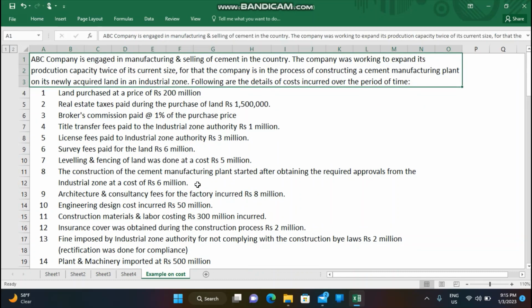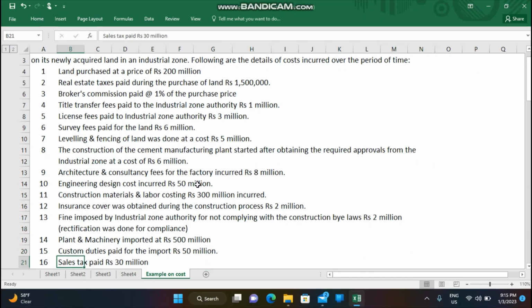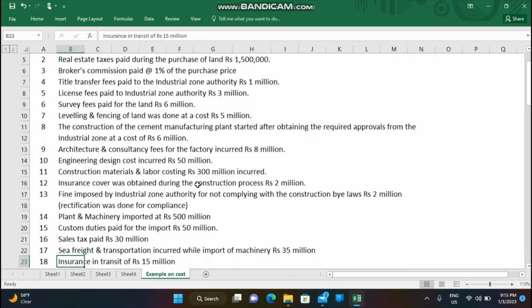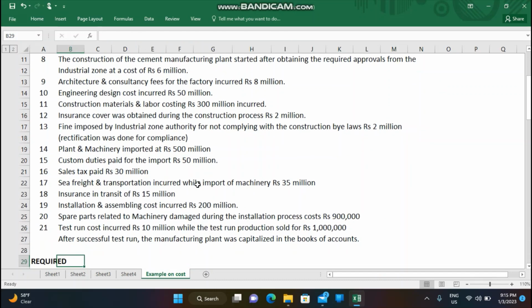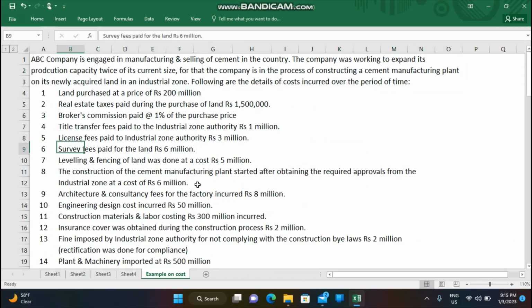So this is how the accounting will be done whenever we are constructing an item of property, plant and equipment or fixed assets. I hope the process is clear now for constructing the asset, and accounting is clear.